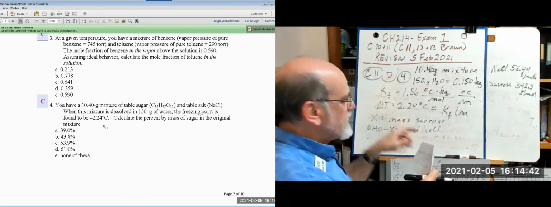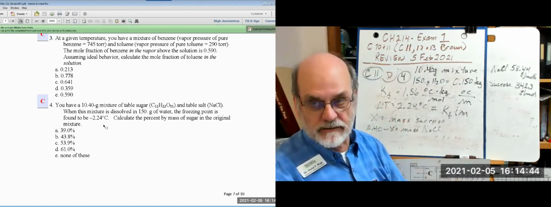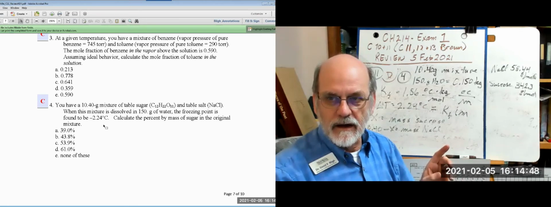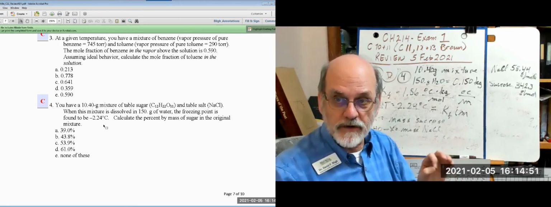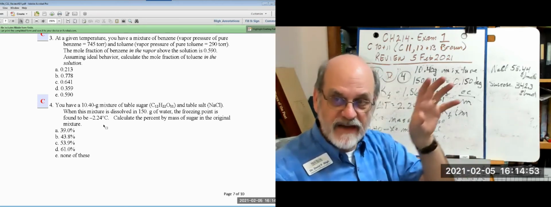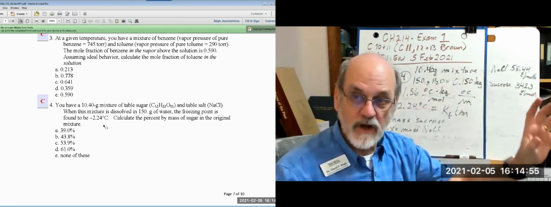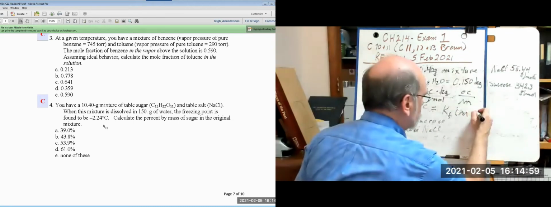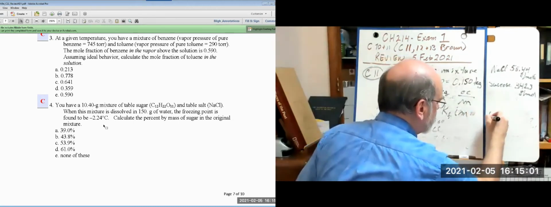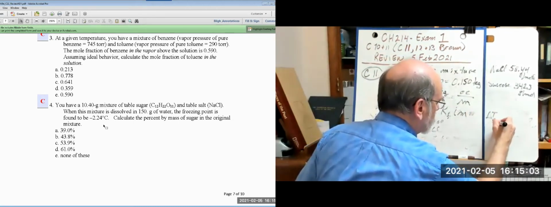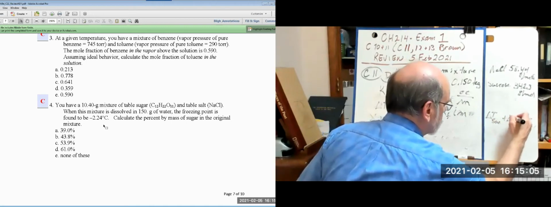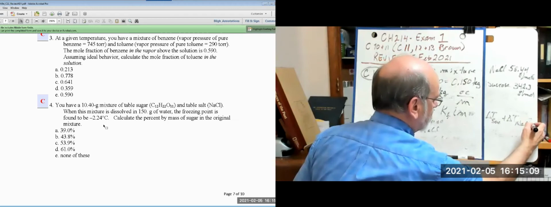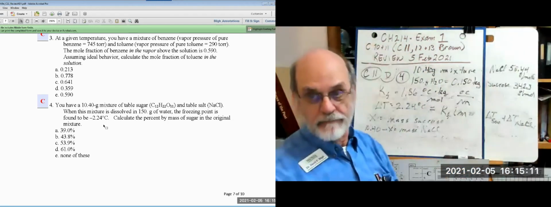This delta T is also a summation of the effect on the freezing point of sucrose plus the effect on the freezing point of sodium chloride. They're additive. So this is actually equal to the delta T for sucrose plus the delta T for sodium chloride. Okay, that's important.